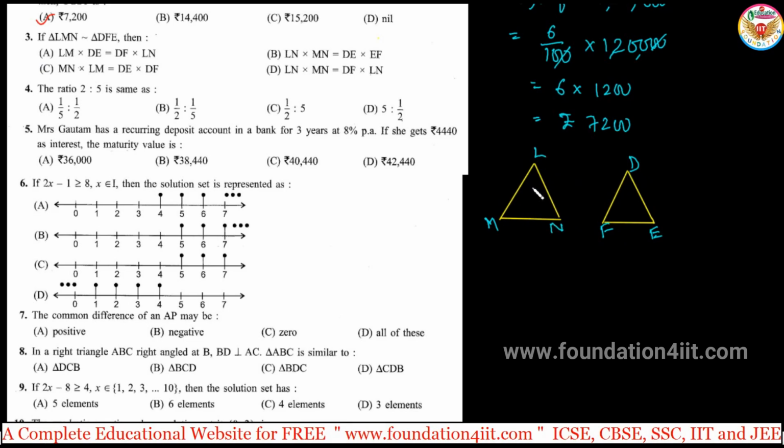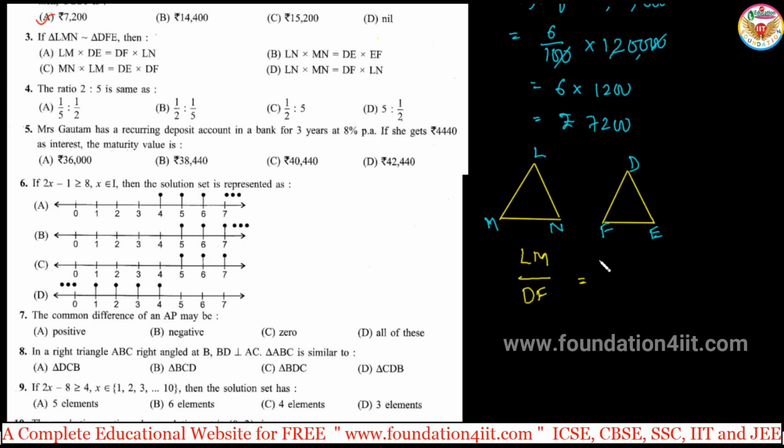So corresponding sides are in the same ratio: LM divided by DF is equal to LN divided by DE, again equal to MN divided by FE.